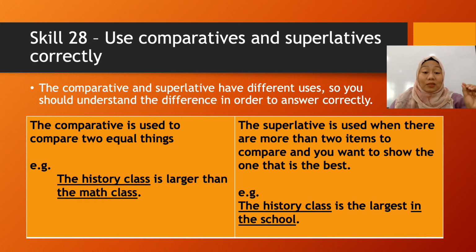So in the school, there are many classes and the history class is the one that has more students. So it is the largest one. So that is how you use comparative and superlative.